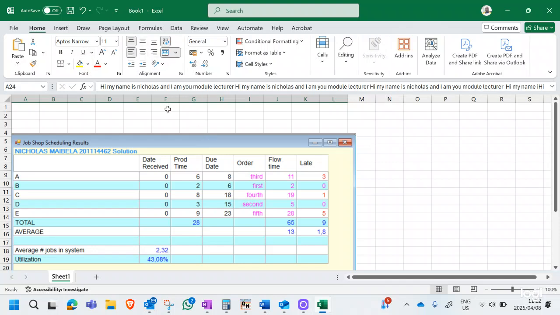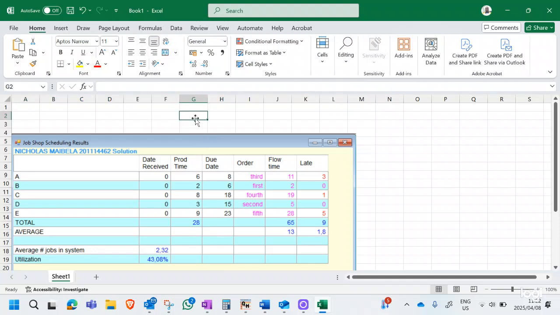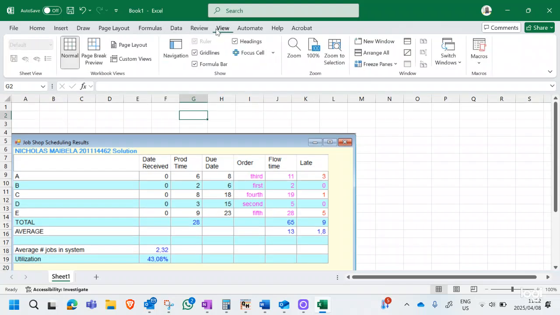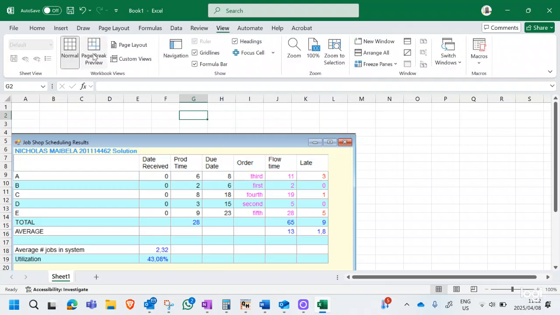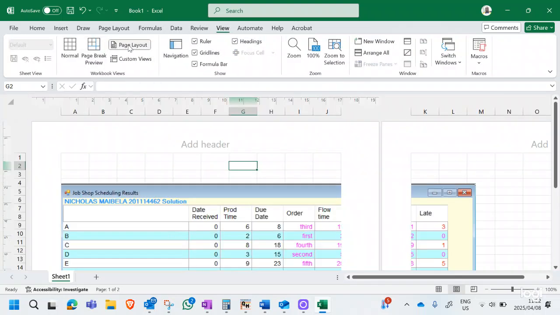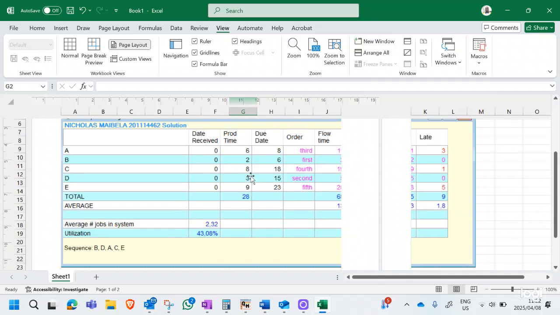Then, next step, we print most of the scripts. You're going to go to view, then page layout. Then it's going to appear like this.